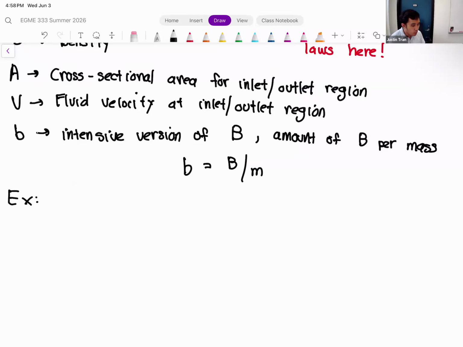Let's do a control volume analysis of the amount of fluid that comes out of a fire extinguisher.